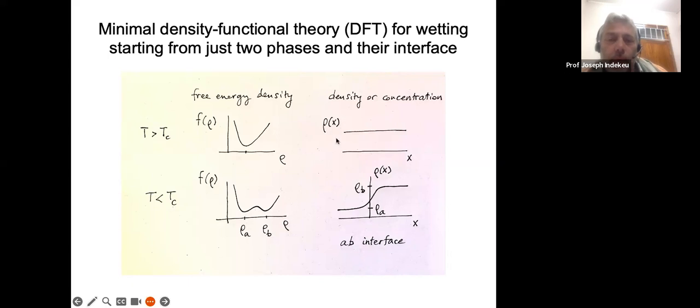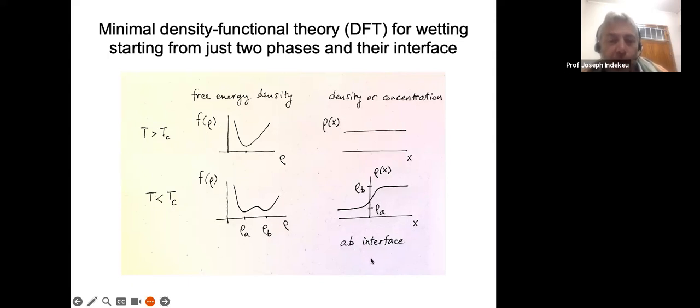And the profile of density or concentration as a function of spatial coordinate, a spatial coordinate perpendicular to the interface, would be a profile that has some kind of sigmoid or hyperbolic tangent kind of shape that is drawn here, and it would vary between the density in the A phase and the density in the B phase in some gradual way. So this is the profile of the AB interface.